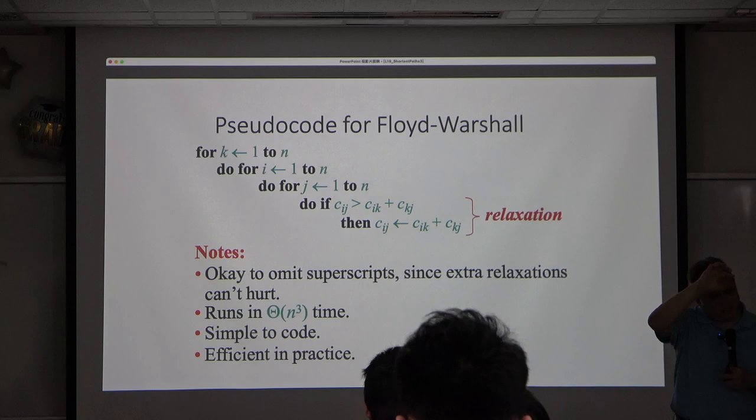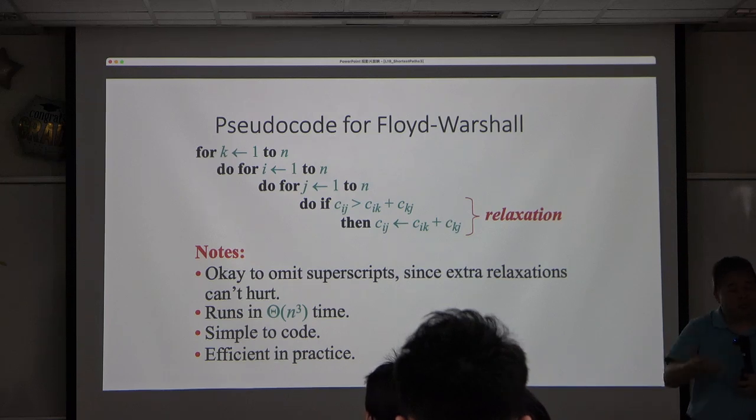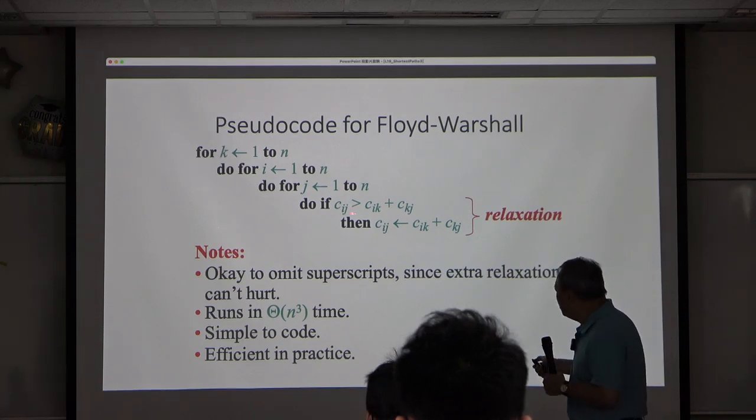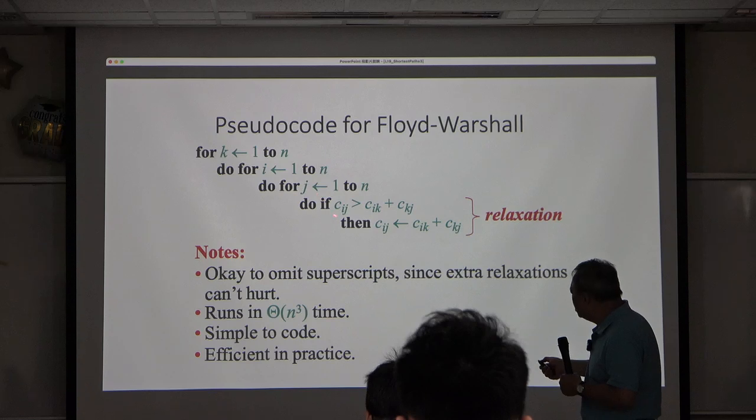When this condition is satisfied, you need to insert this node K as the intermediate node between node I and node J. I will leave this one for you to think about. But I just want to point out that when this condition is met, K should be included as an intermediate node.